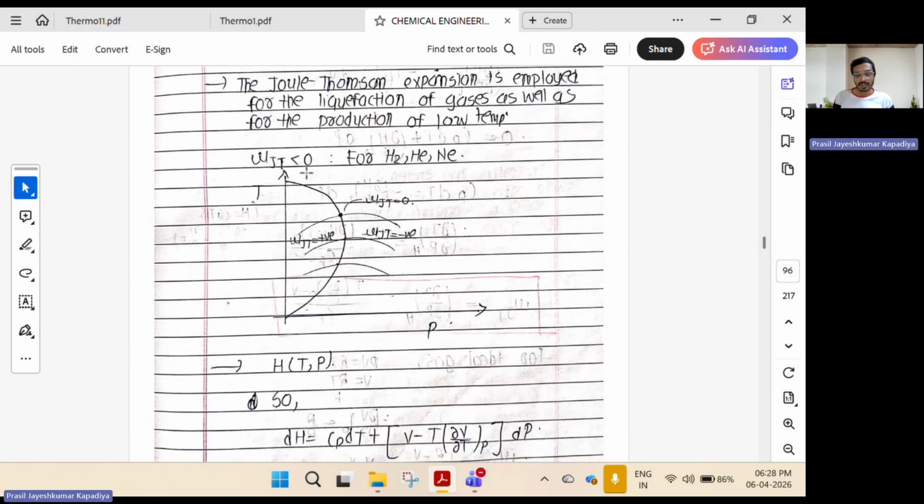So mu JT less than 0 means producing a heating effect for H2, helium, and neon gases. So let's say when I am reducing my pressure, mu JT is negative for these gases, and when I am further reducing, mu JT becomes positive.